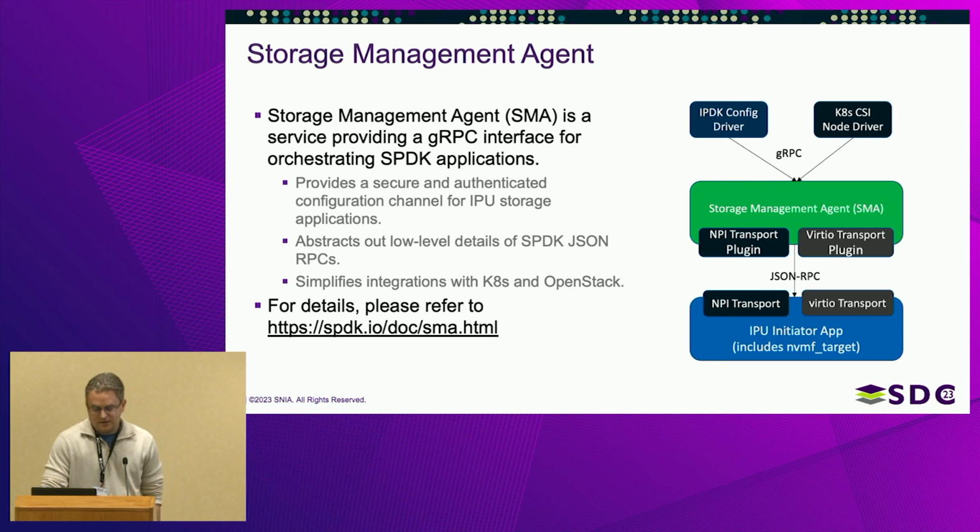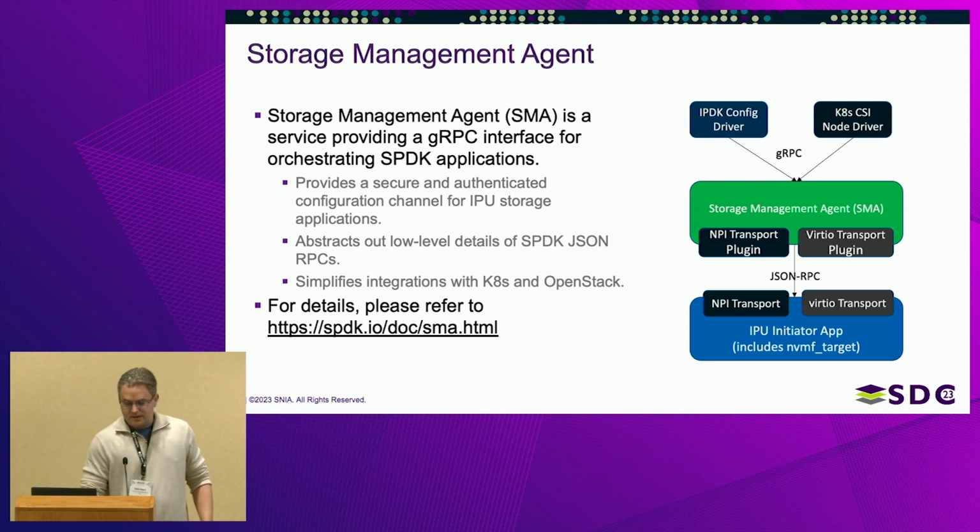All right, so I talked a little bit about SMA. And so the way that this works is that in IPDK and in SPDK, we have examples of how you can, from a config driver or directly from Kubernetes, invoke SMA to be able to create a disk, set its size, set its rate limit, set up those virtual disks, and determine how they are shared on the device.